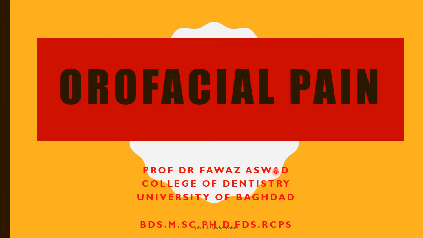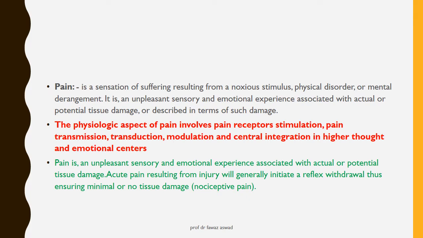So the main aim of this lecture is to know, first of all, the characteristic features of each type of pain, knowing which type of pain is important and which specialty is responsible for diagnosis.